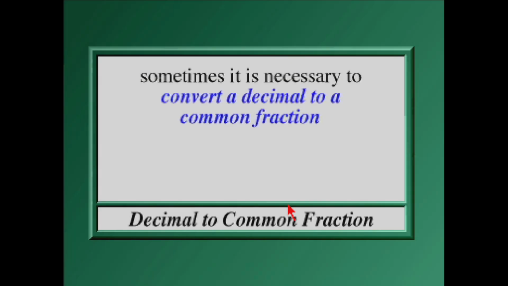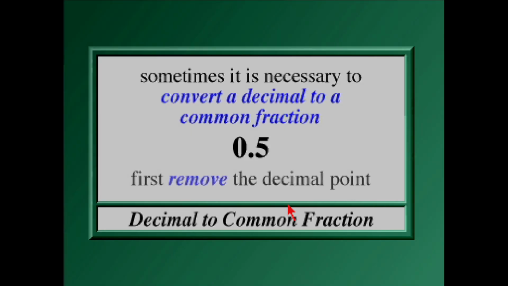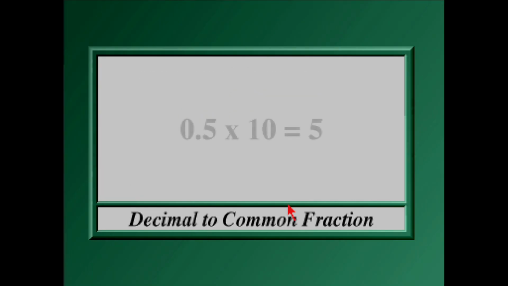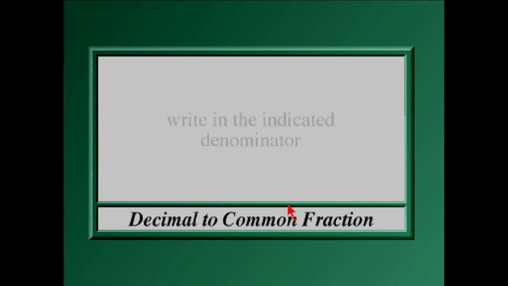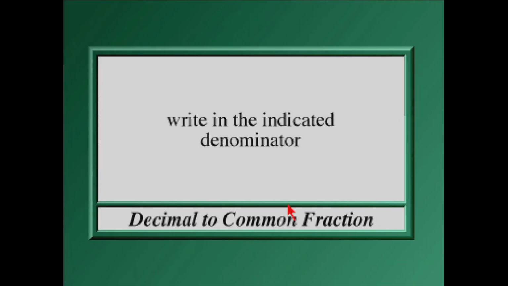Sometimes it is necessary to convert a decimal to a common fraction. To convert 0.5 to a common fraction, first remove the decimal point. This is step 1. For example, to remove the decimal point, multiply 0.5 by 10. You get the whole number 5. Next, write in the indicated denominator.